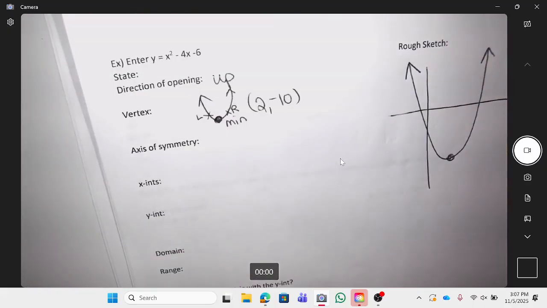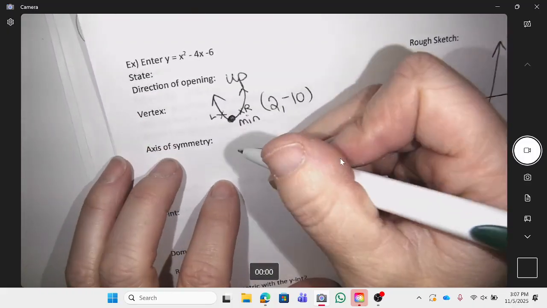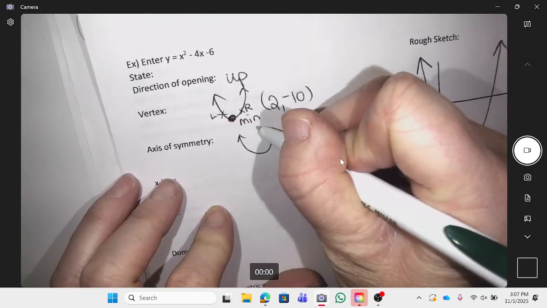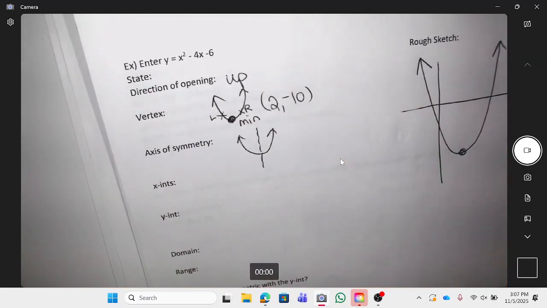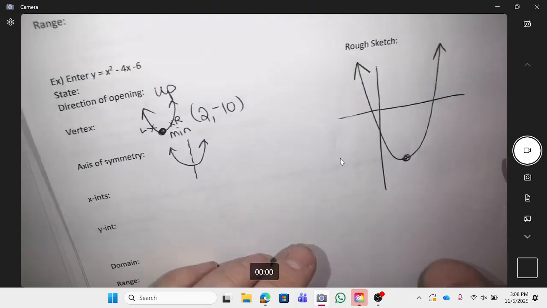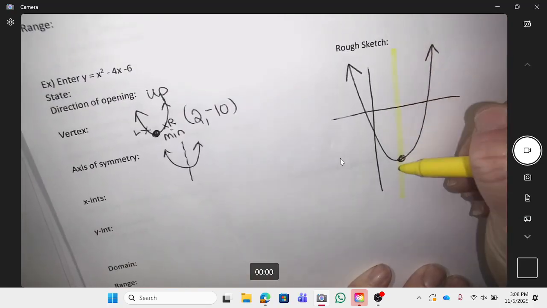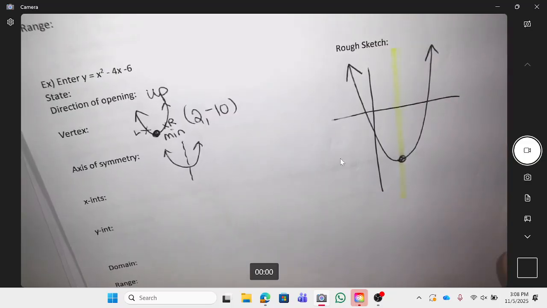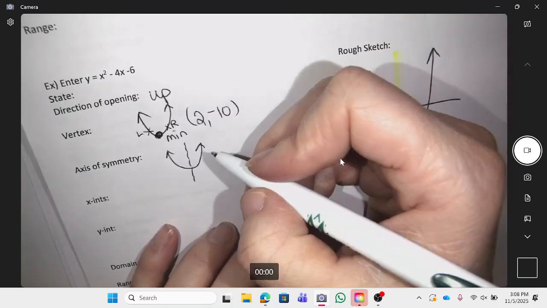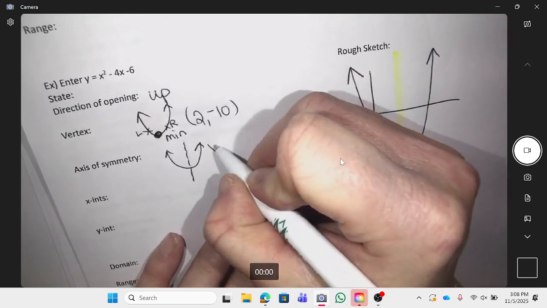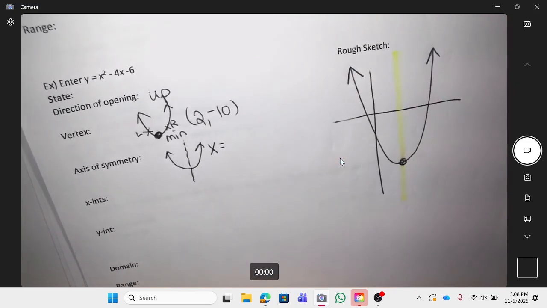Yeah. Okay, axis of symmetry. So what is that? If I could just cut it in half. Okay, so on this graph, if I could cut it in half, right, that's me cutting it in half. So a vertical line is called x equals.